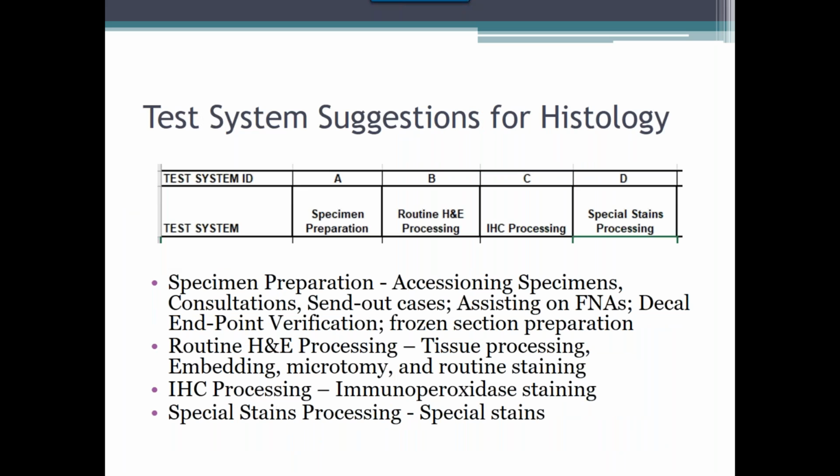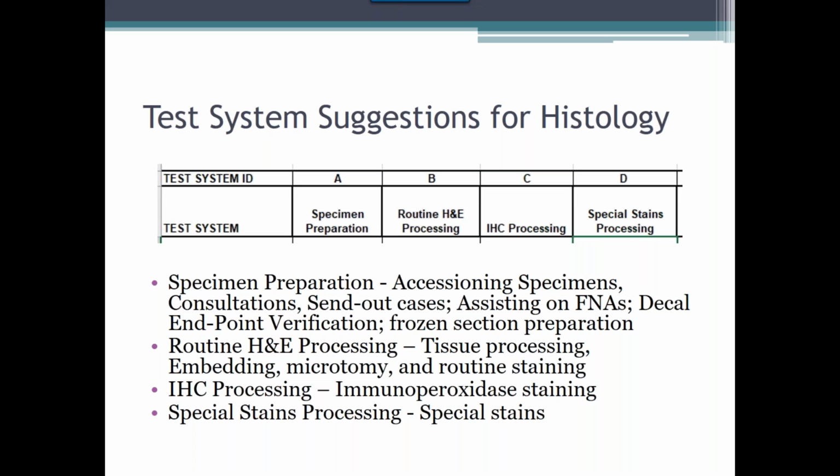So let's talk about ideas for test systems within the histology department. Some suggestions for test systems in histology would be specimen preparation, routine H&E processing, IHC processing, and special stain processing, as you can see indicated here at the top of the slide. As mentioned, in the clinical departments, test system definitions are usually driven by the instrument or kit in which a particular test is being performed.